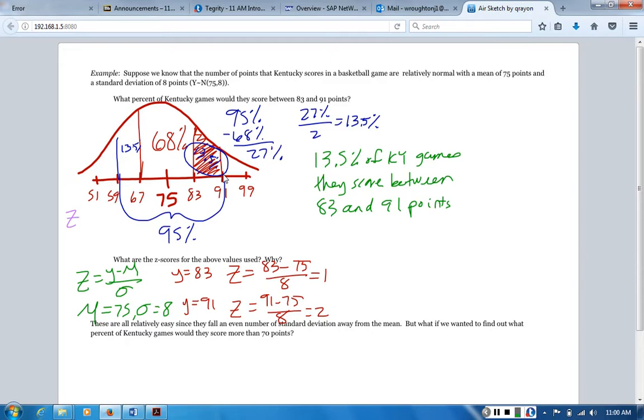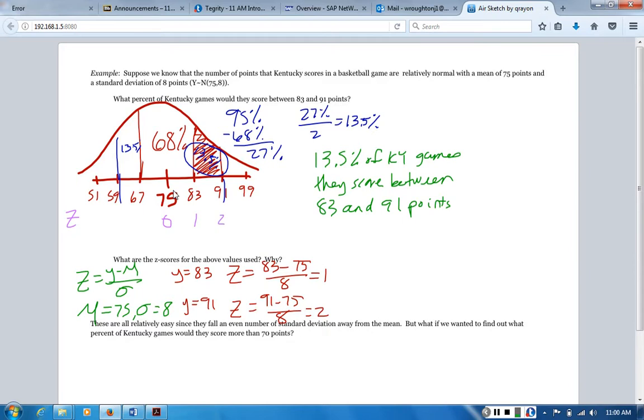I'm going to erase this so you can see it a little better. I'm going to start in the middle. If I plug in 75 for y, what am I going to get? I'm going to get 0, because I'm 0 standard deviations from the mean. We already saw for 83 we get 1, and for 91 we get 2.